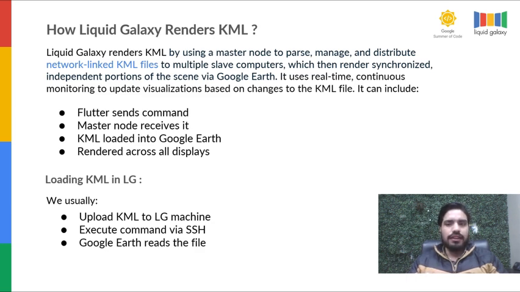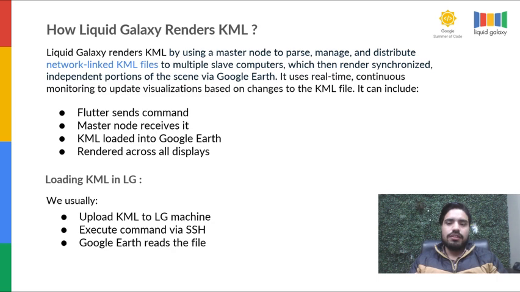Then the client side sends a KML file to the master machine. Then the master machine opens that file, reads that KML file, then sends instructions to the respective slave machine where we want to display that logo. So in this way it internally works.